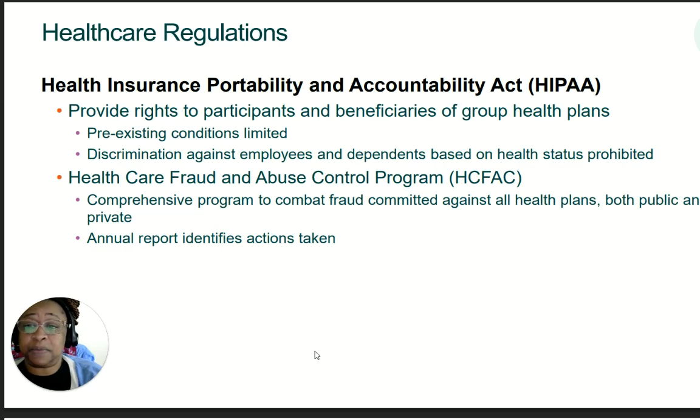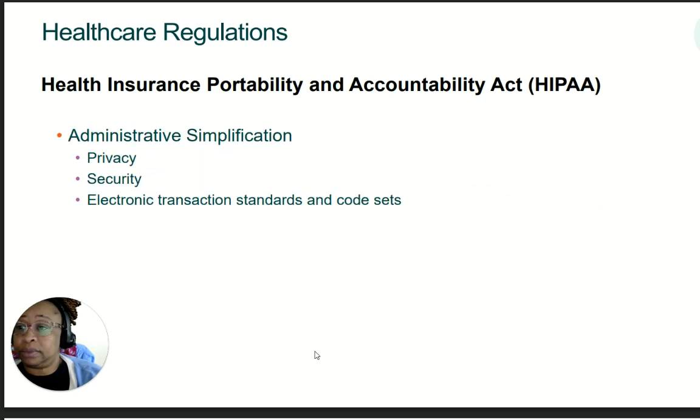Healthcare fraud and abuse control programs were a comprehensive program to combat fraud committed against all health plans, both public and private. Annual reports identified actions that were taken. The administrative significance was the privacy, security, and electronic transaction standards and code sets.